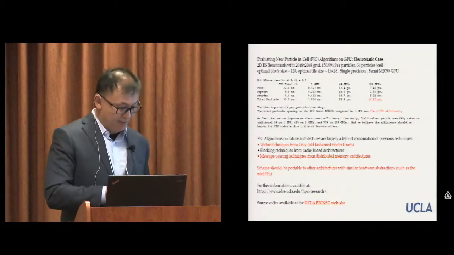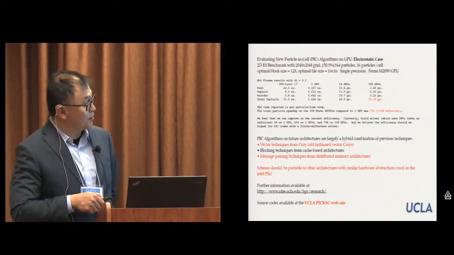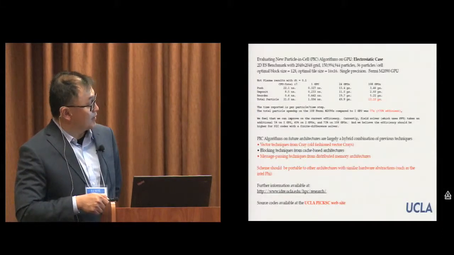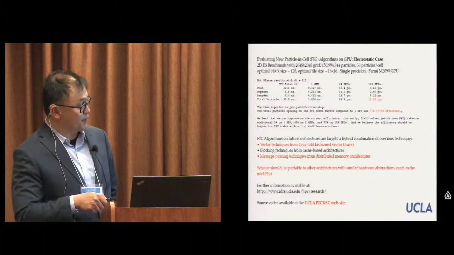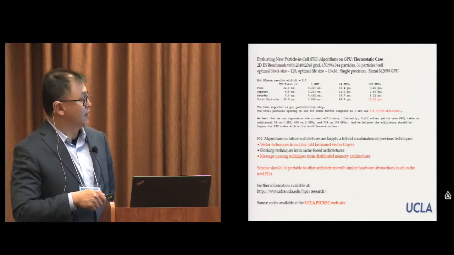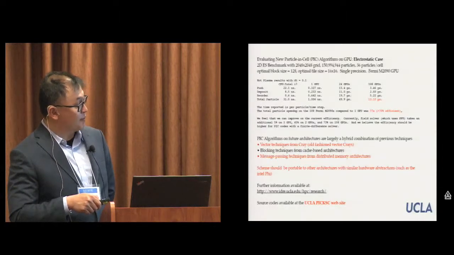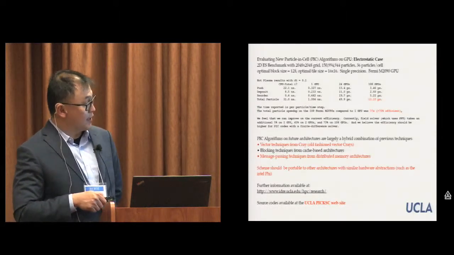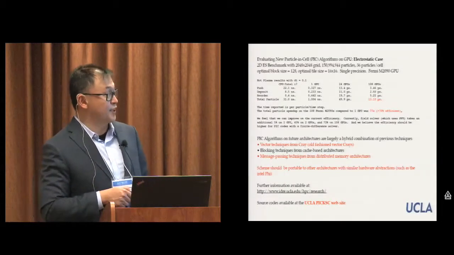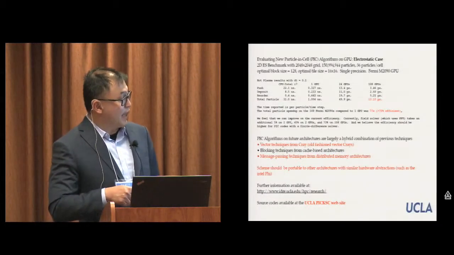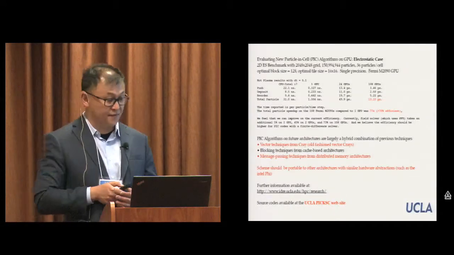We also now have a version that runs on multiple GPUs using MPI. On about 100 GPUs, we get a speed up of 77, which is over 70% efficient. We know why the efficiency is not as good as we'd like, because this code uses an FFT-based solver, which doesn't scale up to many GPUs. We believe that the efficiency will be improved if you use a finite difference solver for the fields.